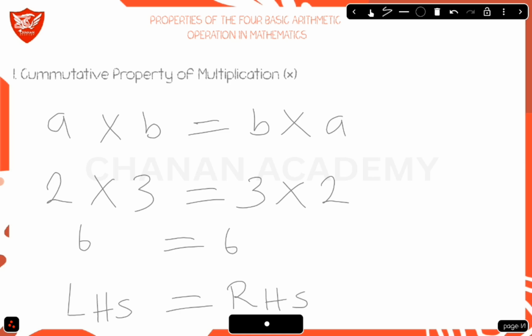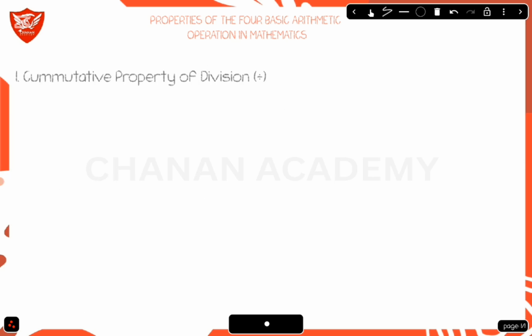So multiplication is commutative. Next one is division. So let's check if division is commutative. So A divided by B equals B divided by A. Let's say A is 10 and B is 2.